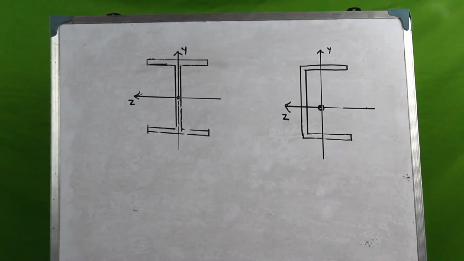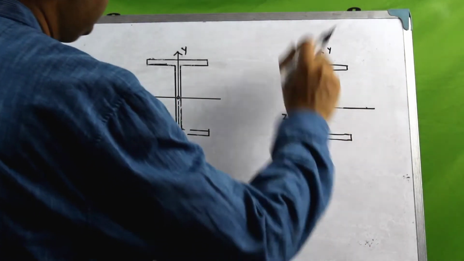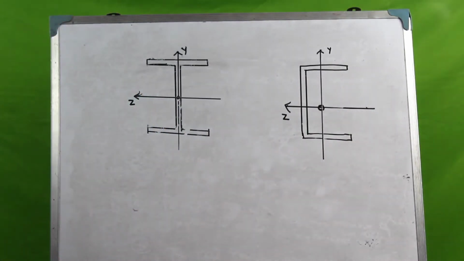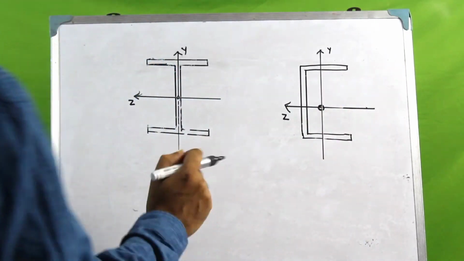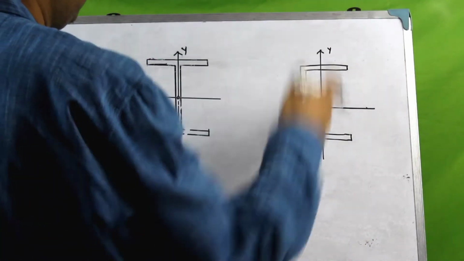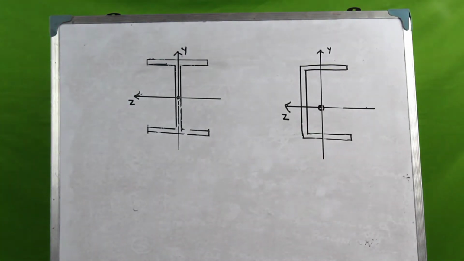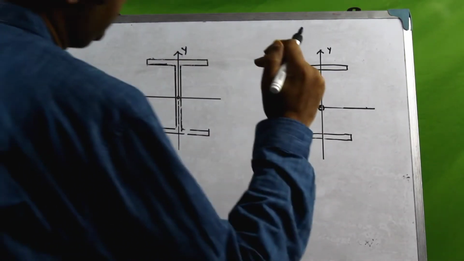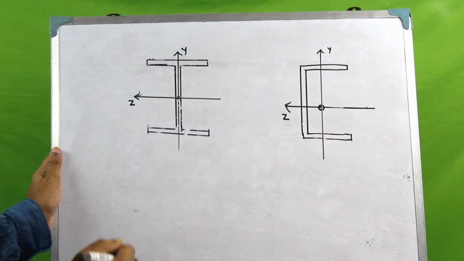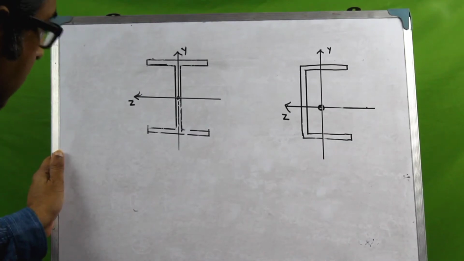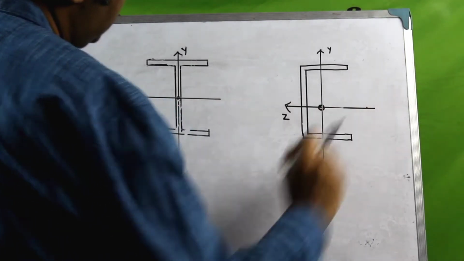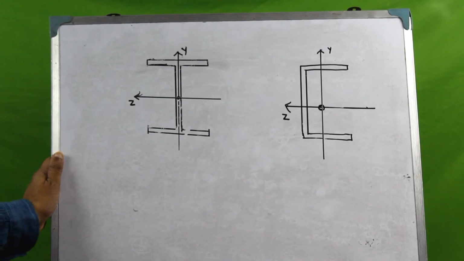Now, what would this mean? This would mean that the axis of symmetry of this singly symmetric section... Now, why are we calling this singly symmetric? Because this is the only axis about which this section is symmetric. It's not symmetric about the y-axis. So now, since the product of inertia about the axis of symmetry disappears and also the product of inertia about the principal axis disappears, this would mean that the axis of symmetry is one of the principal axes of a singly symmetric section.